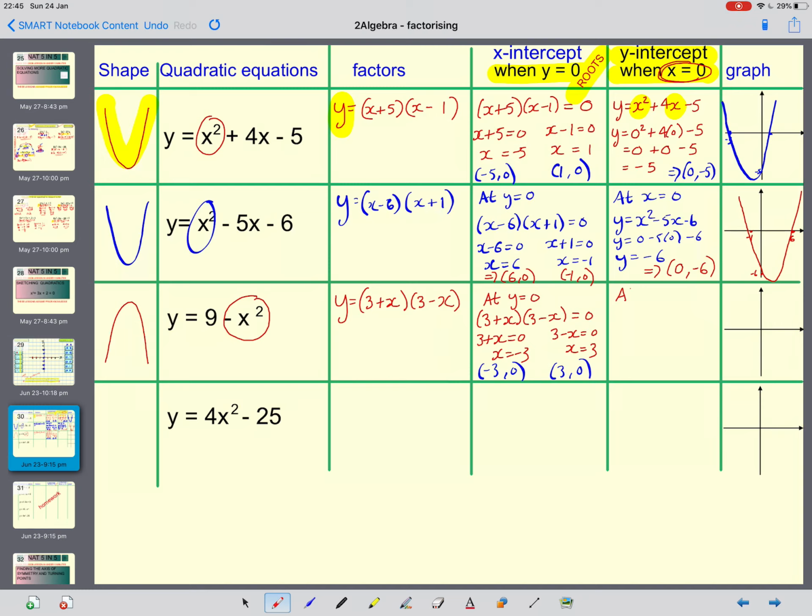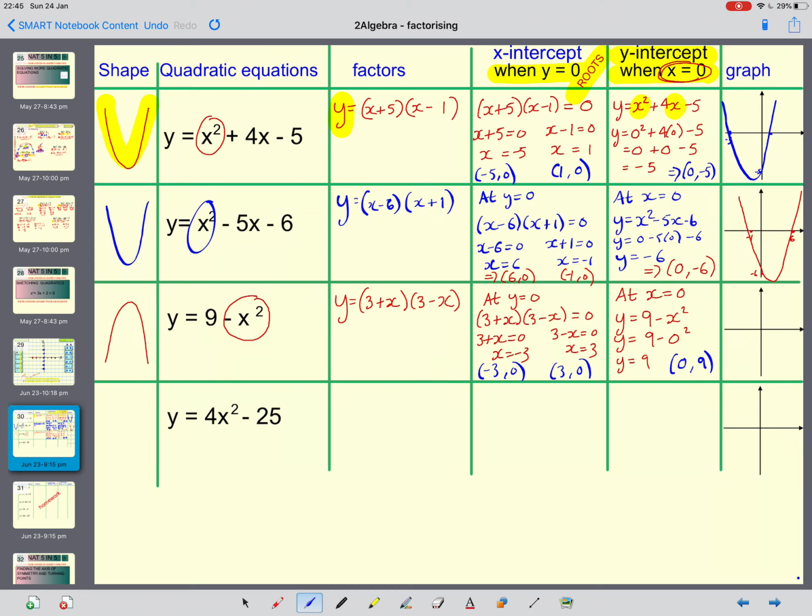And similarly, you find the y-intercept, that happens at x equals 0. Write your original quadratic equation. Substitute x is 0 in. 0 squared is just 0, so y must be 9. So you've got x is 0 and y is 9.